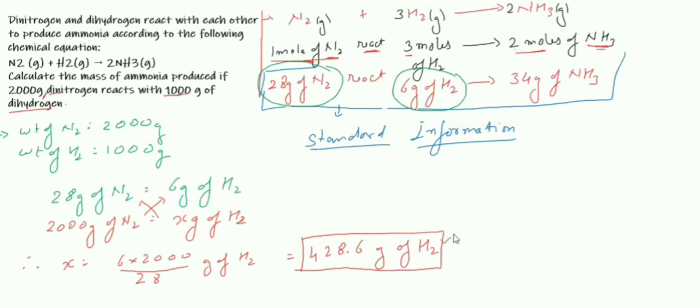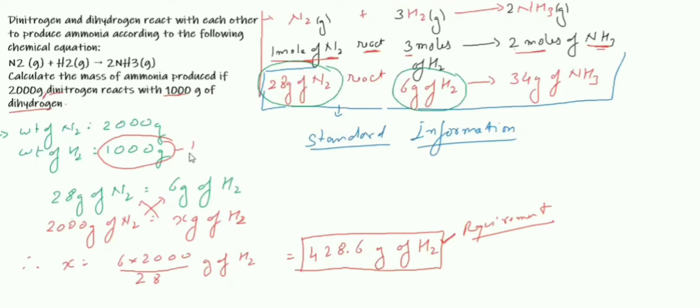Now this is our requirement for 2000 grams of nitrogen. But actually we have more than what we require. We require only 428.6 grams of hydrogen, but we have been provided with 1000 grams of hydrogen.